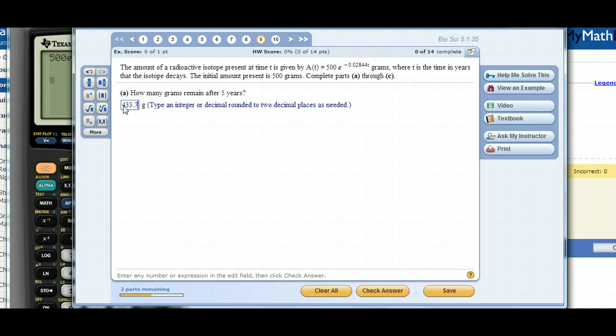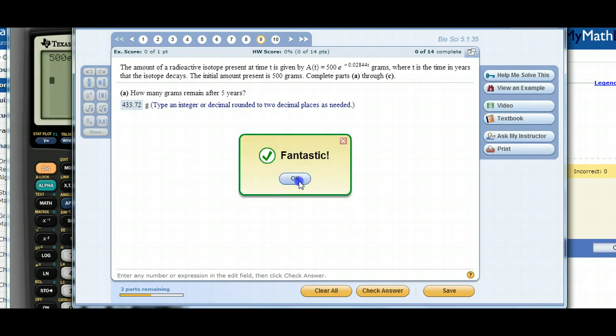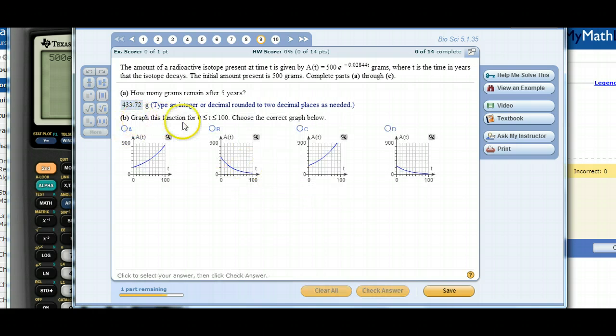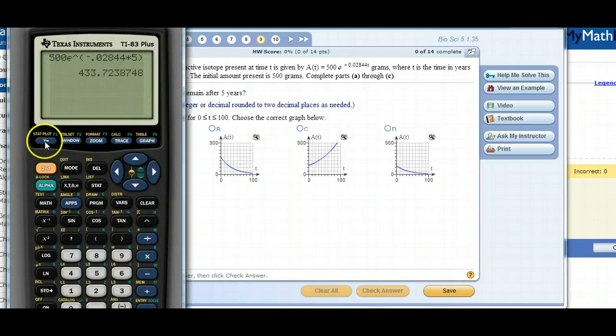Part B says graph this function for 0 to 100 and choose the correct graph below. Notice they're giving us both the x and y scale there. So if I plug this in, notice I used x where they had a t.